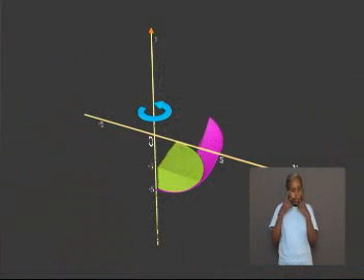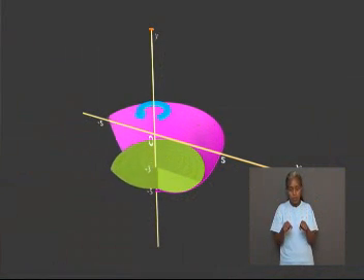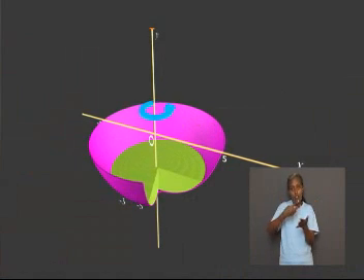Let's get back to our lesson. Hello again, students. Let us see if you were able to calculate the volume of revolution.